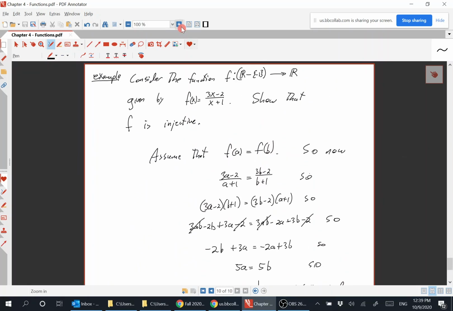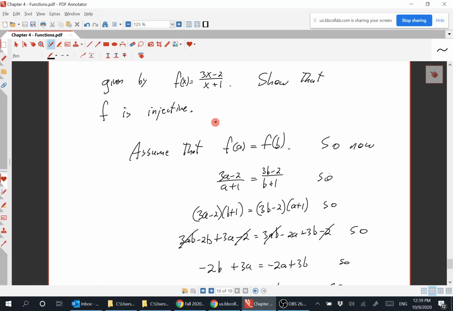Another way you would know that this is injective is to look at the graph. What's the graph of that thing look like? Well, it's got a vertical asymptote at -1, horizontal asymptote at 3, and other than that, it looks like this. Passes the horizontal line test. Every horizontal line intersects that graph at most 1 point. As a matter of fact, every horizontal line intersects at exactly 1 point, except for this one right here, which doesn't intersect at all.